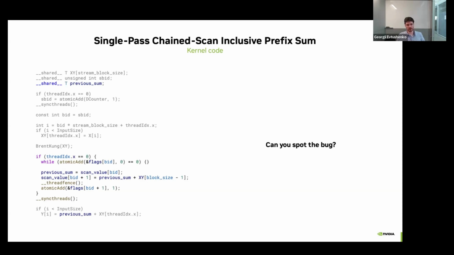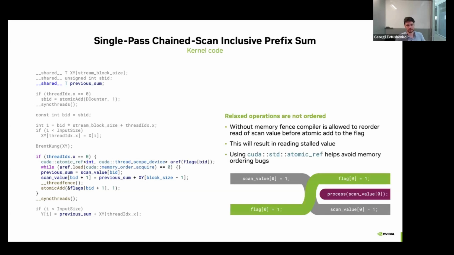Both the atomic add and the volatile read are relaxed memory operations. That means this can be reordered by both compiler and hardware. This leads to the situation on the diagram: the subsequent thread will observe a flag and assume it's safe to read the value, but the value was not written yet. This means we will add some random prefix instead of what the predecessor thread block intended to pass.